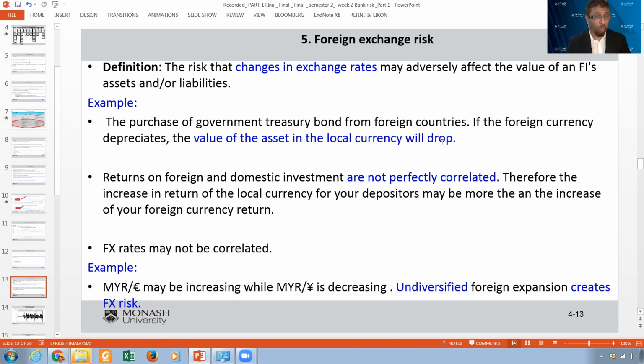But if the dollar depreciates against your currency, and the ringgit becomes 3 or 4 instead of 4.25 or 4.50, then the value of the dollars invested in those bonds in the US, when you convert them to ringgits, will drop. So it will be fewer ringgits, in other words.